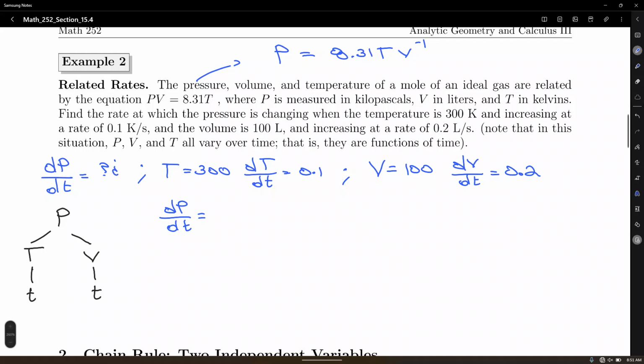Actually, I'm going to make a mistake on purpose to see if you can catch this. Where's my mistake?